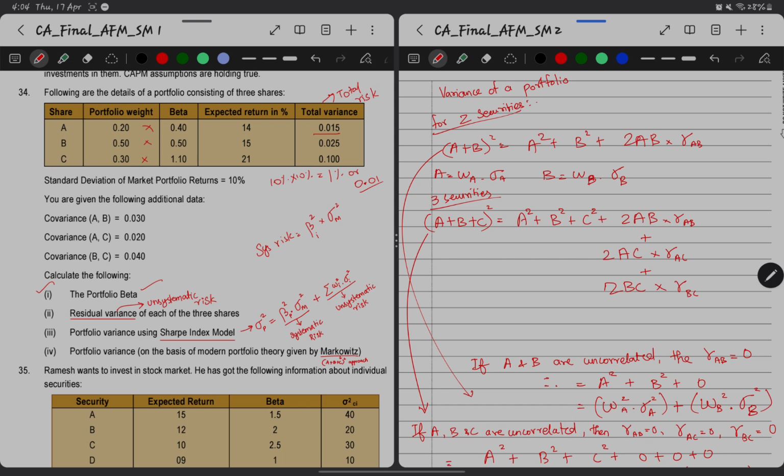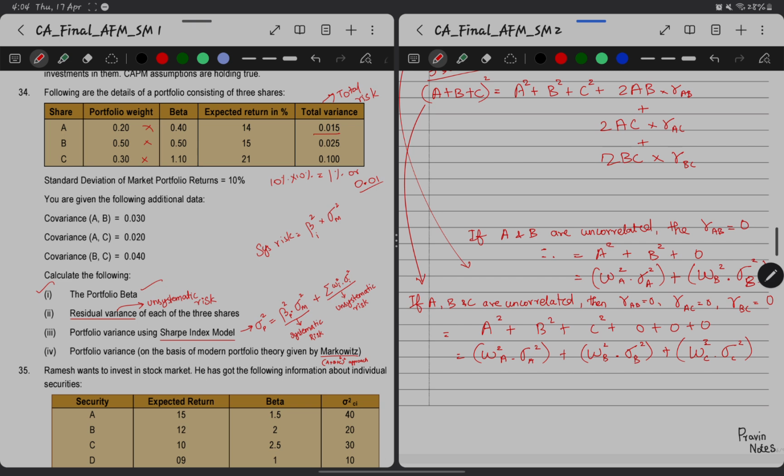Here also, as I told, in case of the unsystematic portion the correlation is 0 because it is fully uncorrelated. If it is perfectly correlated positively, then it will be positive 1, negatively correlated means minus 1, right? If it is uncorrelated, then it is 0. Hence, if it is multiplied by 0, then these portions will become 0.